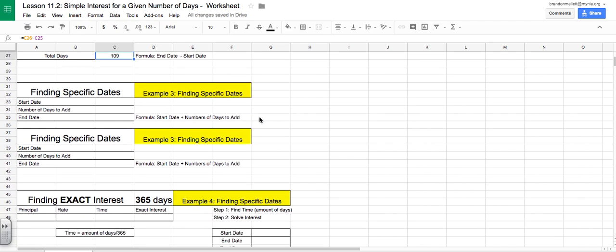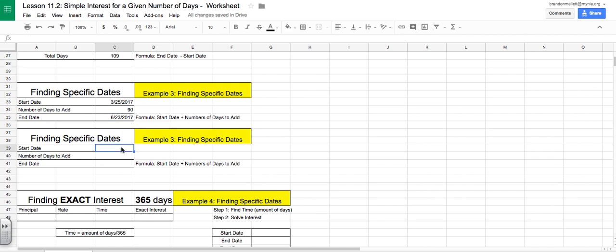Now let's look at example 3. They give us a start date, March 25th, and instead of giving us an end date, they give us a number of days to add. We take the start date, March 25th, plus 90 days, and we get June 23rd, 2017. All we did was type equals, click on the start date, plus the number of days to add.